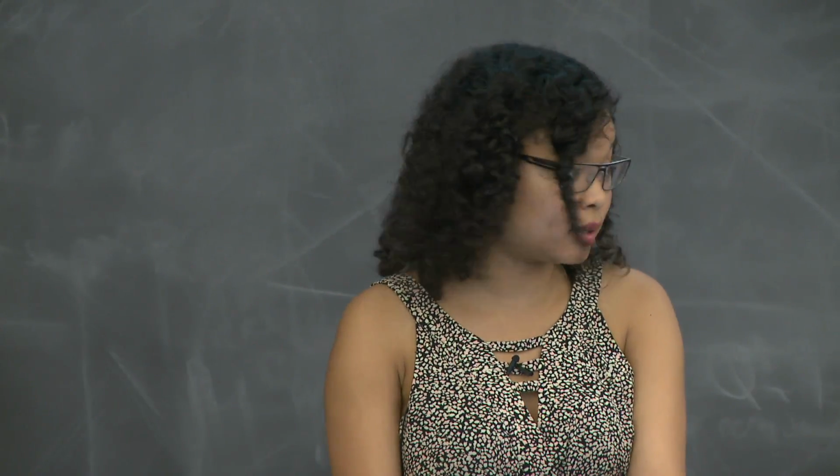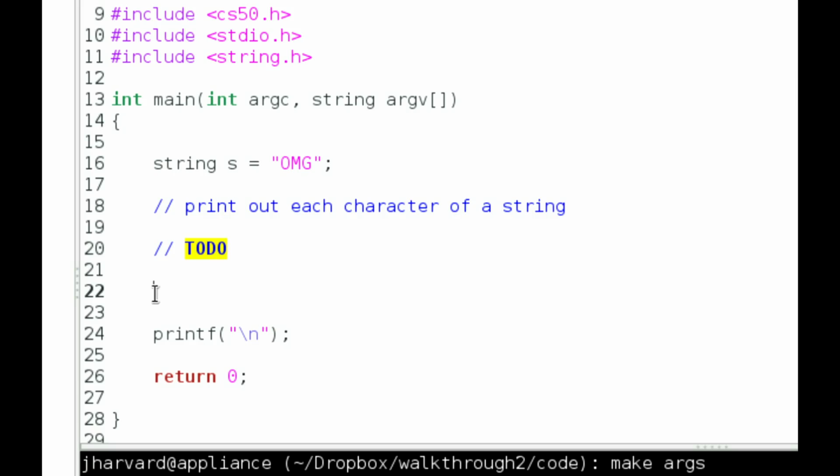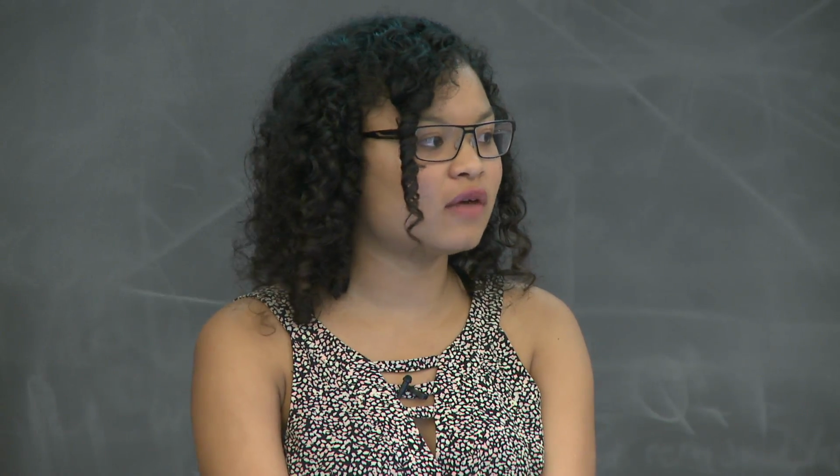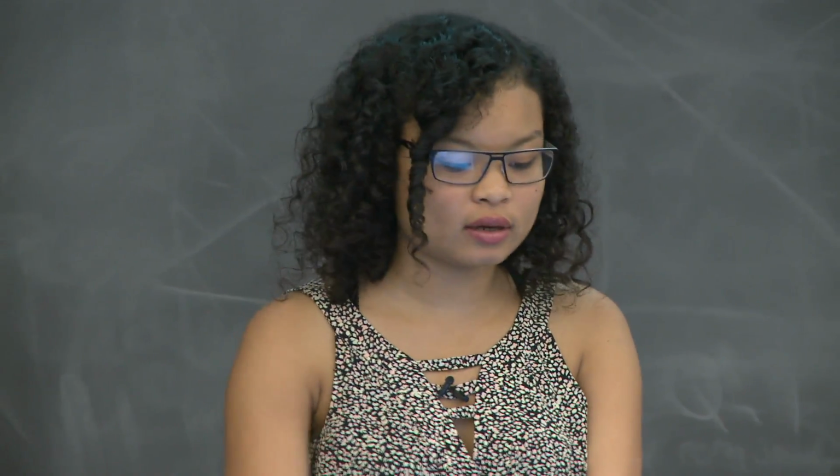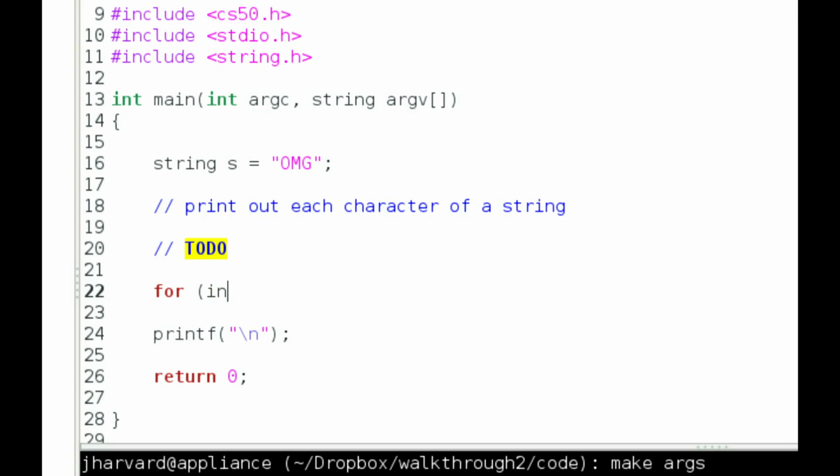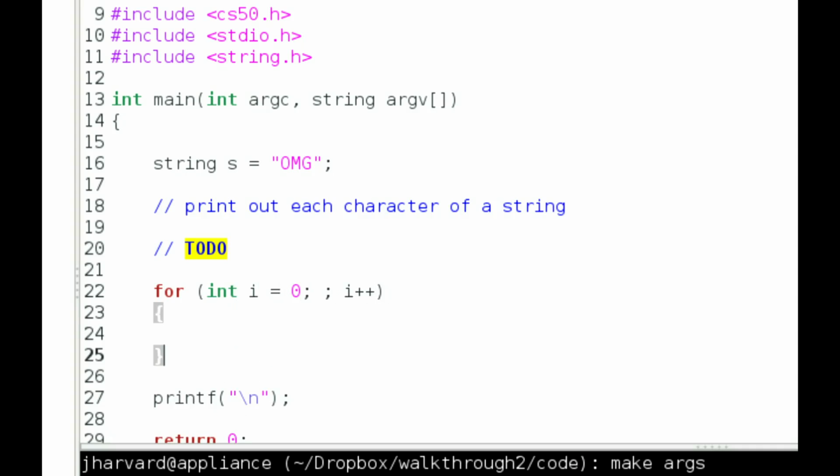Okay, so let's look at an example of how we might iterate over each character in a string and do something with that. Say we want to print back each character one by one, except we add something next to it. Okay, so let's start with the for loop. int i equals 0, and I'm going to leave space for the condition. We want to iterate until we reach the end of the string, right?